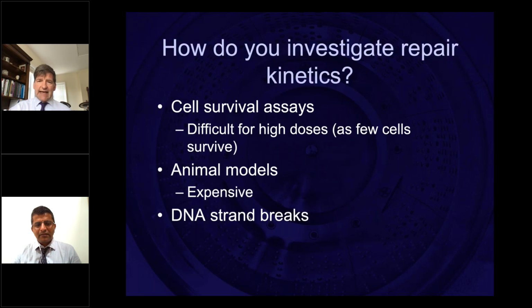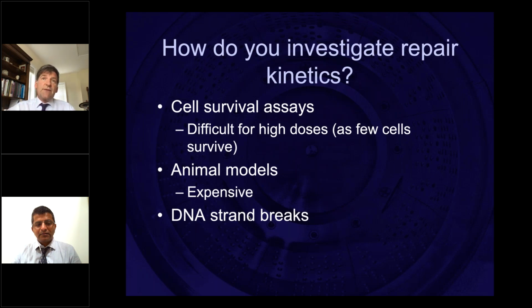So how do we investigate what we call DNA repair kinetics? Well, we can use cell survival assays. There've been many cell survival assays over the years. These can be difficult, though, for high doses because very few cells survive. And remember, what we want here is data for radiosurgery.